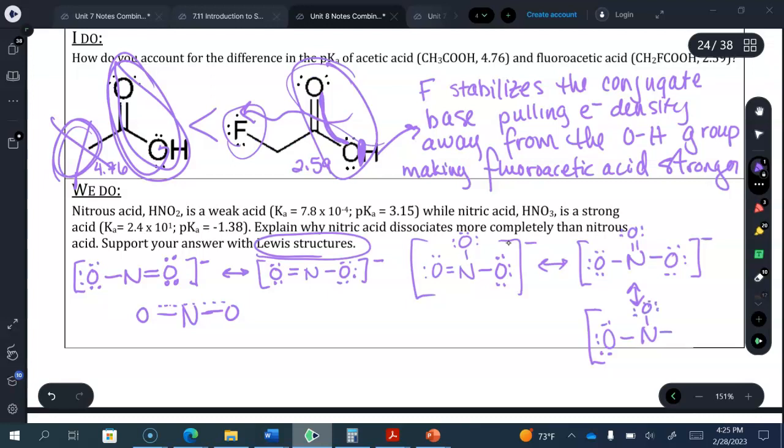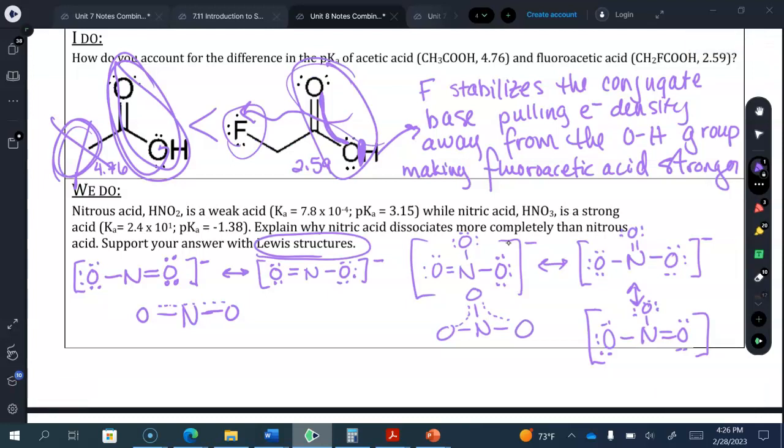And I forgot the negative charge. Right, so this one, if we were to draw its resonance, we would have the electrons distributed amongst all of those.